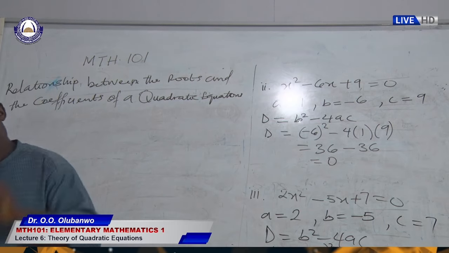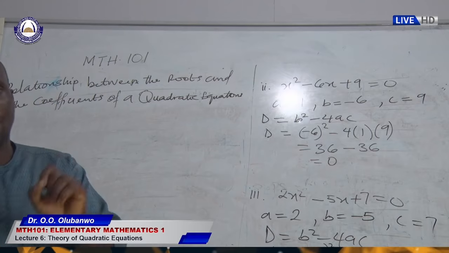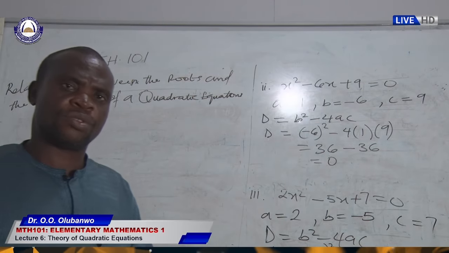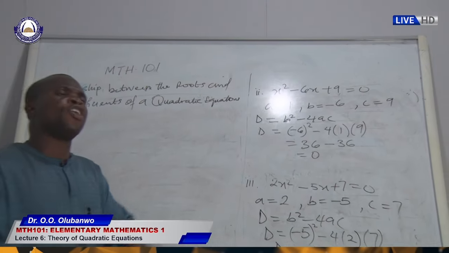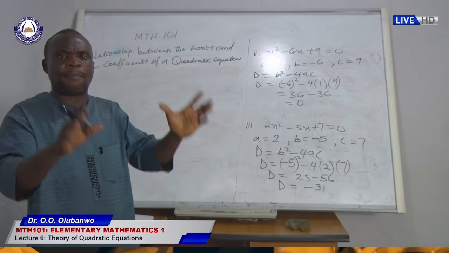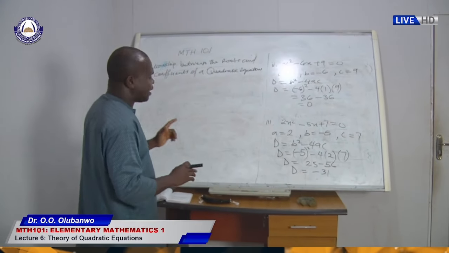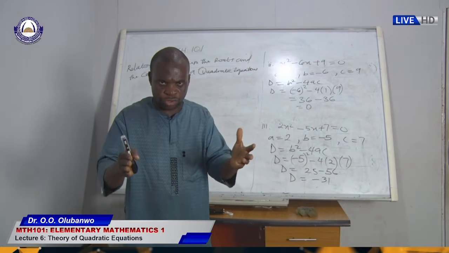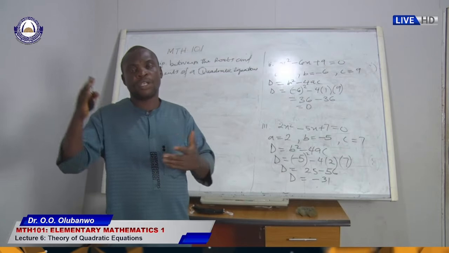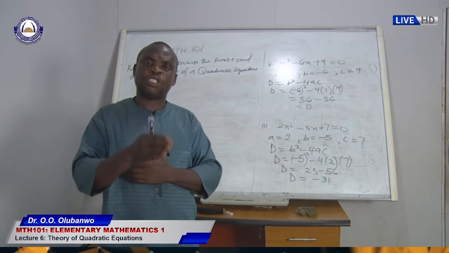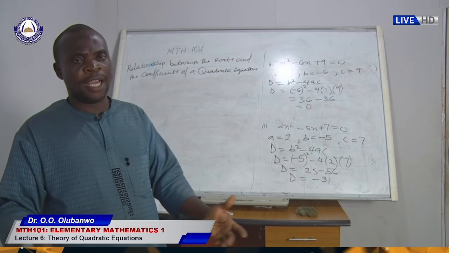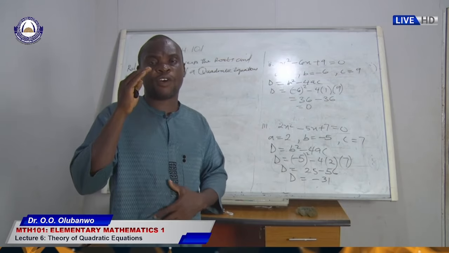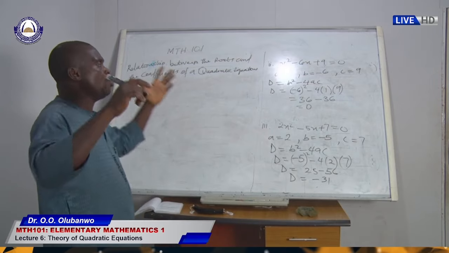Now, when we are using the completing the square method to solve the quadratic equations, if you follow the principle step by step, you will observe that our x has two different solutions. We have x equals minus b plus root b squared minus 4ac all over 2a. I also have x equals minus b minus root b squared minus 4ac over 2a.